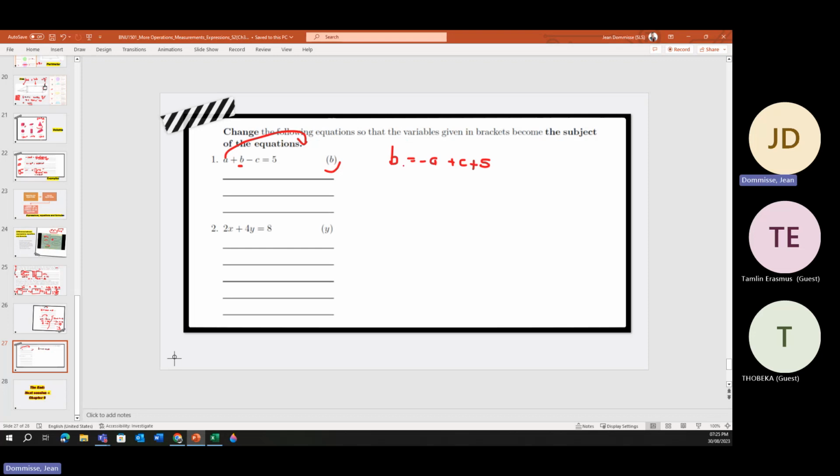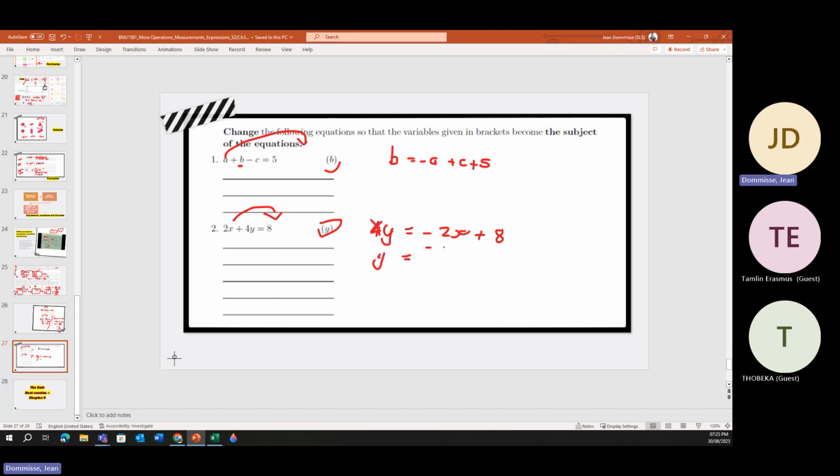So if I say change the subject of the equation, they need to tell you what you need to change it to. So on this side, if we need to change it to y, let's first keep it as 4y. Then we take the 2x to that side, so it becomes minus 2x plus 8, which is the same. Now we still need to get rid of that 4.